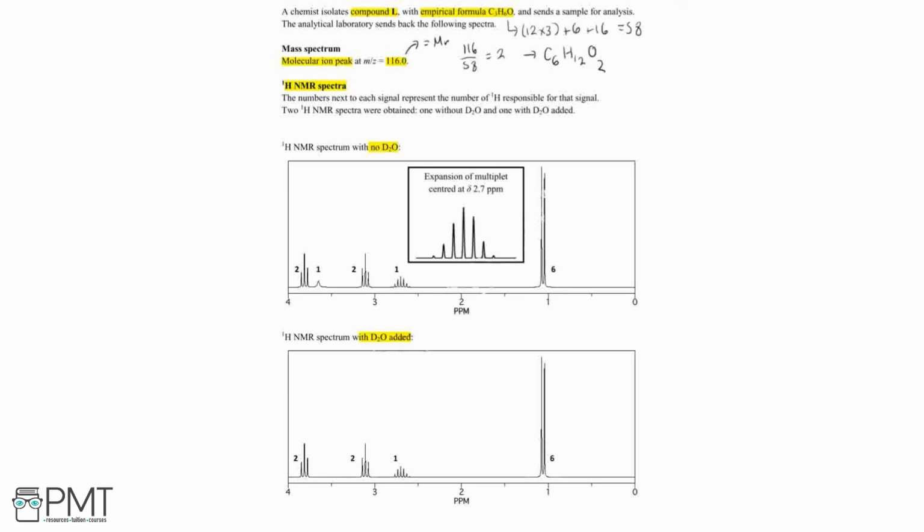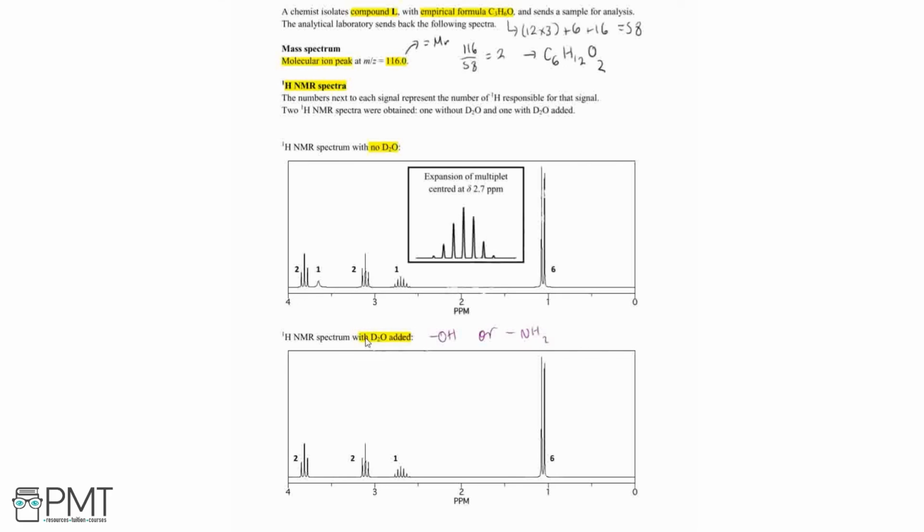And when you add D2O to your compound and then run your spectrum, the deuterium replaces any protons which are bonded to either an oxygen or a nitrogen. So some sort of either alcohol group or amine group we're focusing on here.